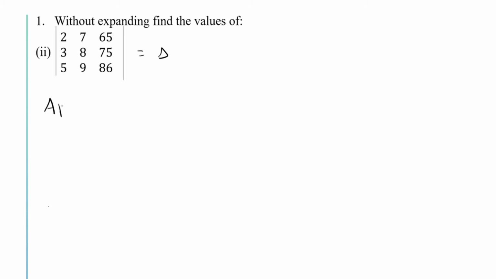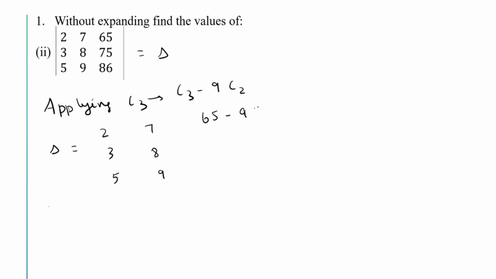Then this determinant will also be equal to 0. So applying C3 changing to C3 minus 9 C2. So we have delta is equal to the first column and the second column will remain the same. The third column will be 65 minus 9 into 7, 75 minus 9 into 8, and 86 minus 9 into 9.